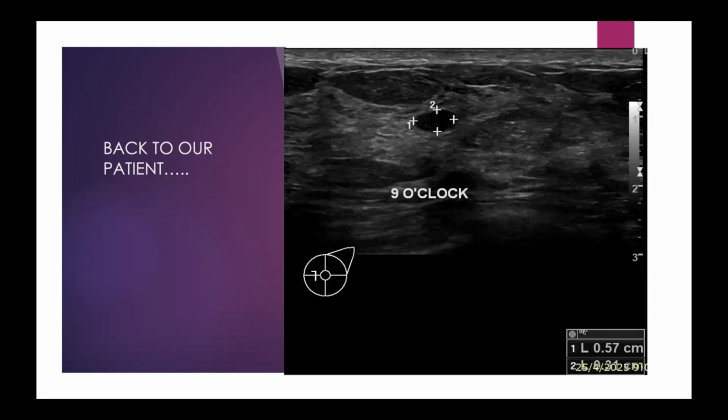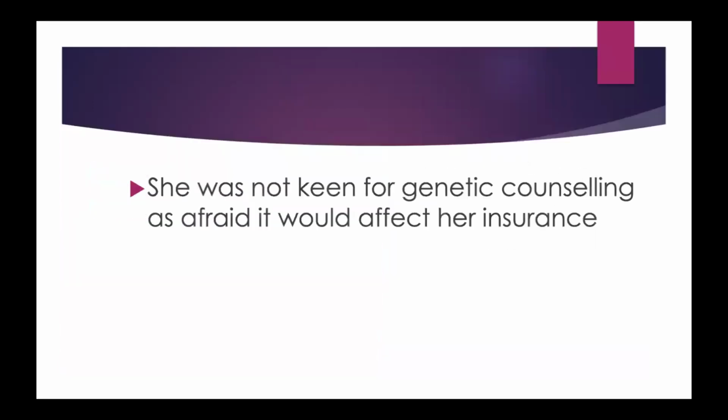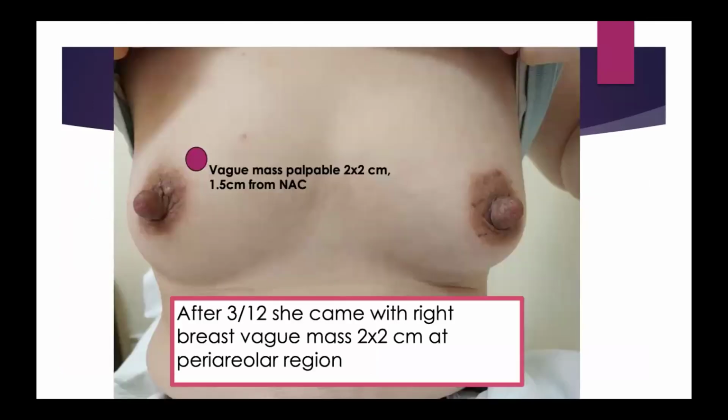Before we did that, back to the genetic counseling, she was not ready for it because she was afraid that it would affect her insurance, so it was not done. She came back 3 months after that with a big mass, 2 by 2 cm at 1 o'clock, periareolar region, actually a different lesion from the previous one, which was at 9 o'clock.